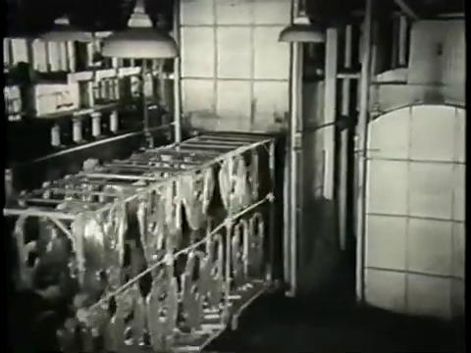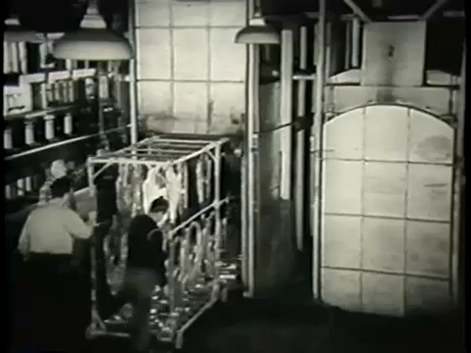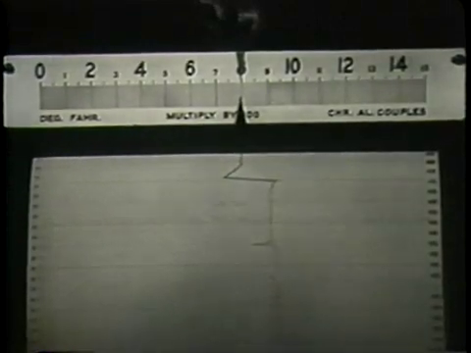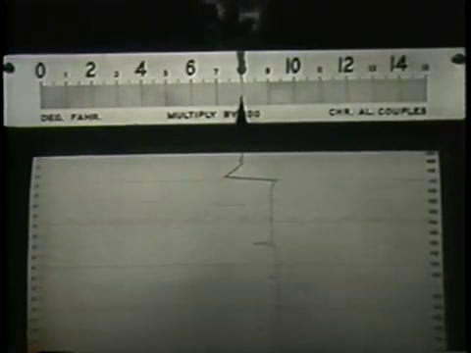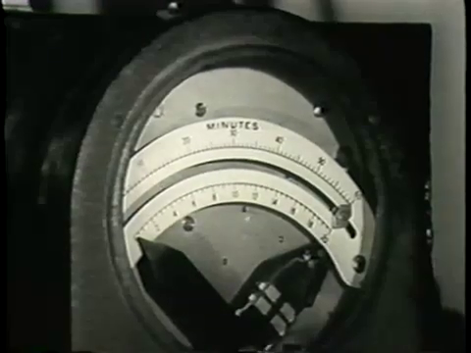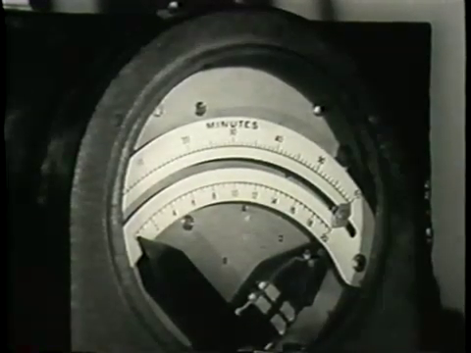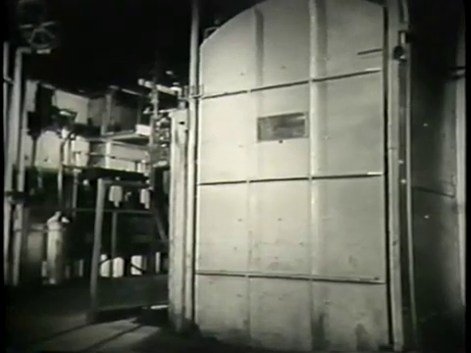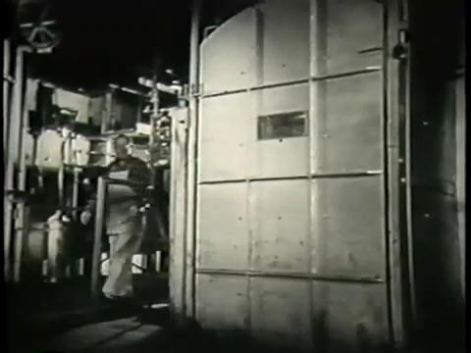Full annealing to remove the effects of both cold working and heat treatment, or of heat treatment alone, is accomplished by heating at approximately 800 degrees Fahrenheit for from 1 to 2 hours. The alloy parts are then allowed to cool slowly in the furnace.